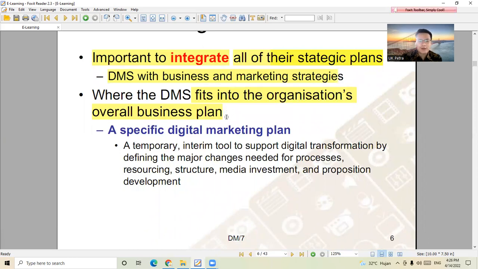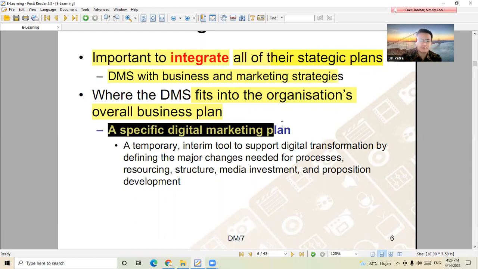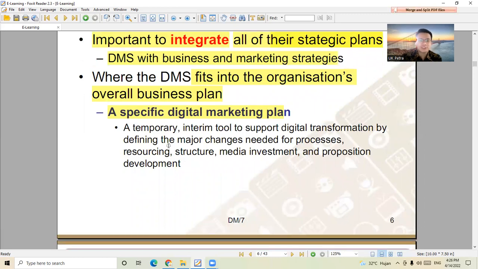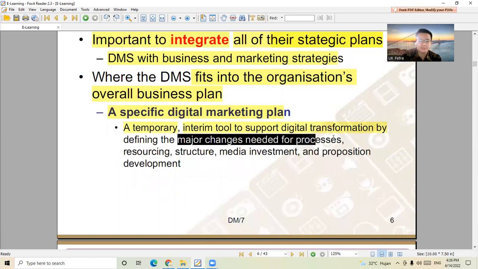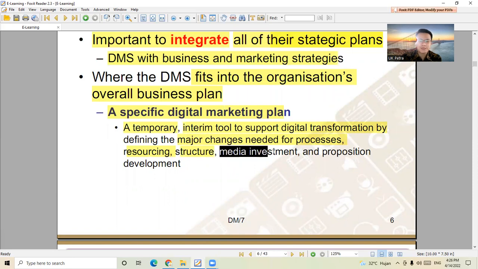And in order to have a better digital marketing strategy, we should be able to make a specific digital marketing plan. By definition, a specific digital marketing plan is basically a temporary interim tool to support digital transformations by defining the major changes needed for processes, resourcing, structure, media investment, and proposition development.